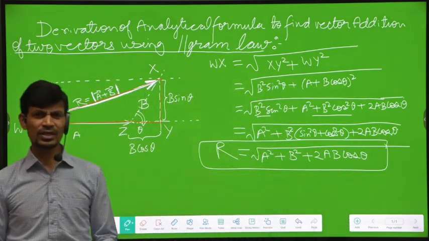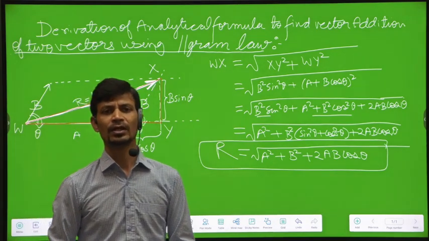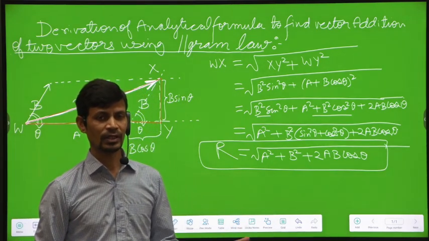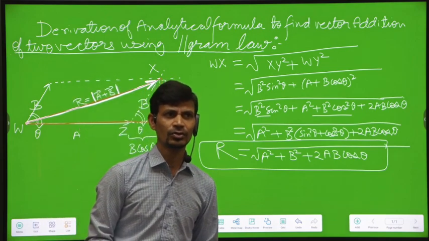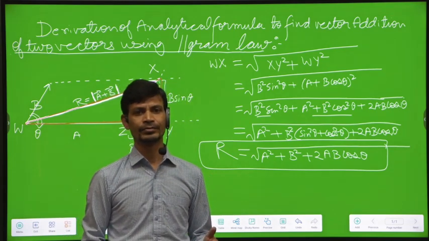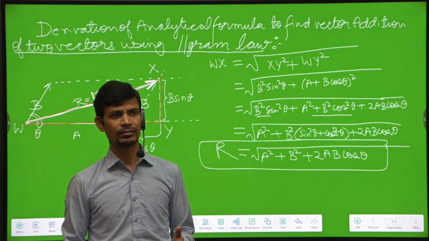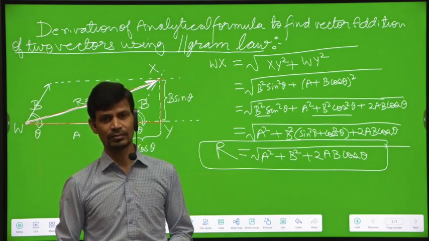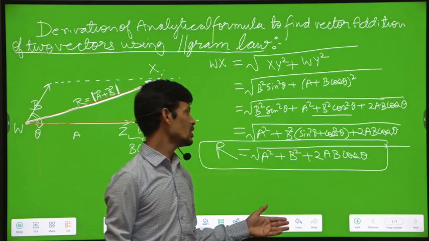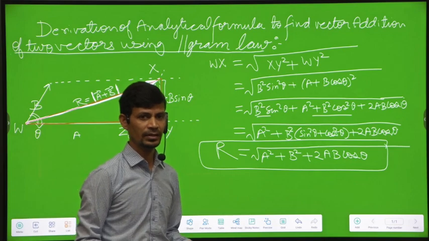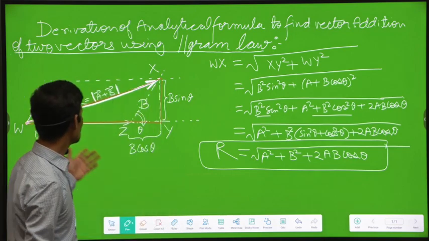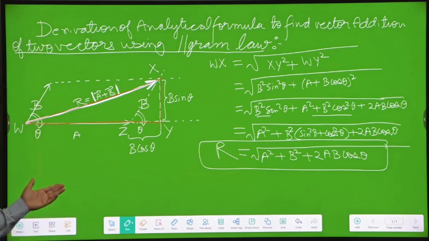But as we are dealing with a vector quantity, R will be the resultant and it will also be a vector. So that vector should be expressed in terms of some direction. How can we give the direction of this resultant? Right now we can just express its direction in terms of A or B only.